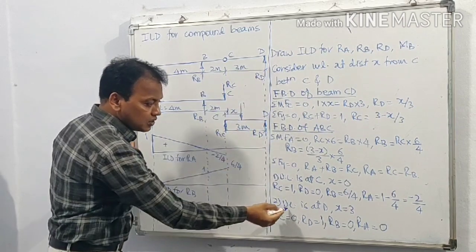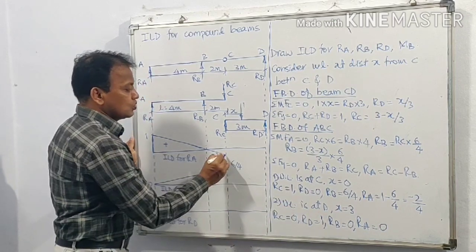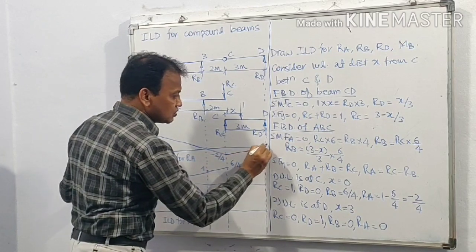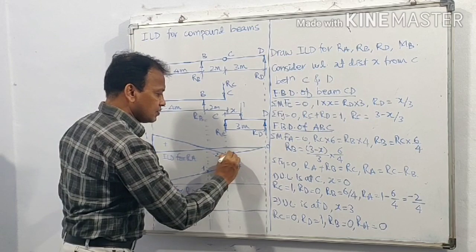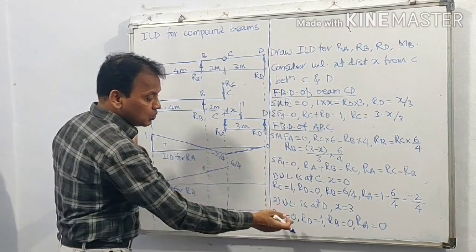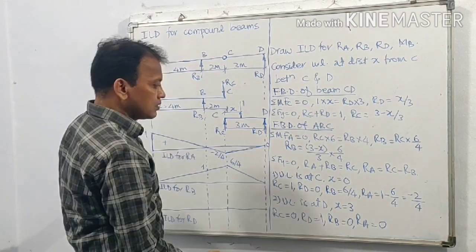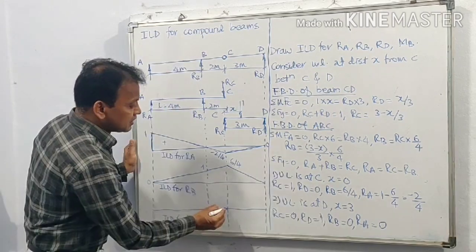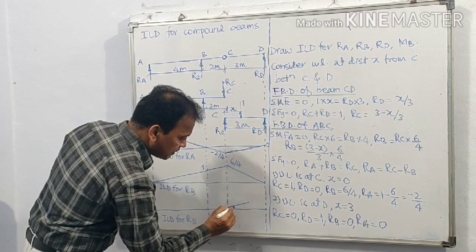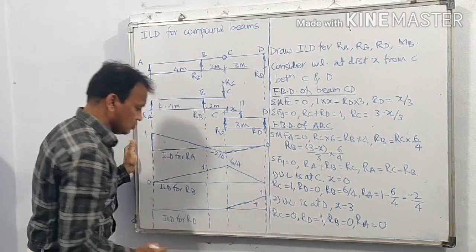Consider the unit load at D. RA is equal to 0, RB is equal to 0, and RD is equal to 1, which is positive.